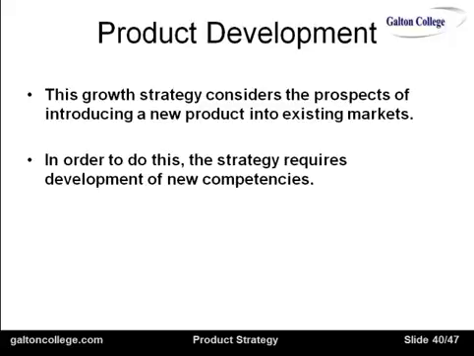So new skills, new products need to be developed for the existing market. Now, the seller may have an expertise in the market. The seller knows the market, the producer knows the market, but developing a whole new product, that is difficult. That requires research and development and a technical expertise and perhaps a new set of competencies within the company itself.